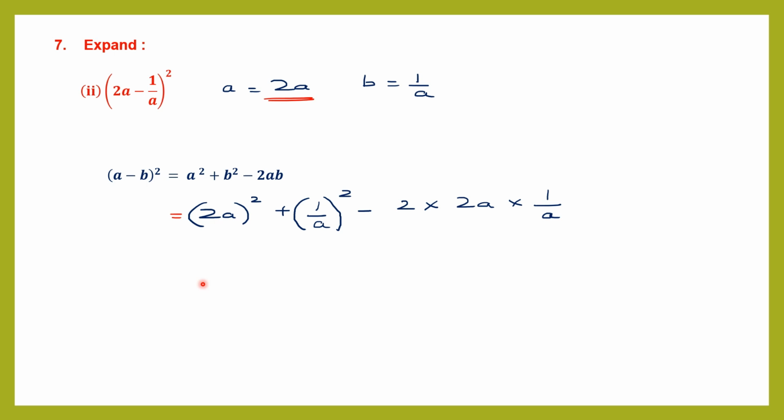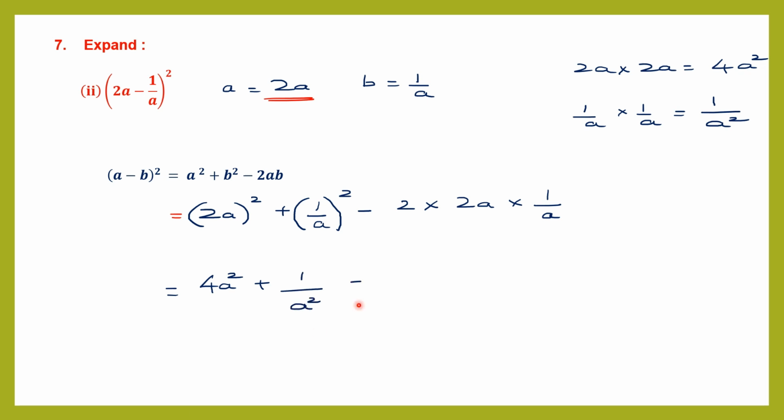Now let's simplify this. So 2a square means 2a into 2a. 2 into 2 is 4. a into a is a square. So this is 4a square plus 1 by a square means 1 by a into 1 by a. 1 into 1 is 1. a into a is a square, plus 1 by a square.